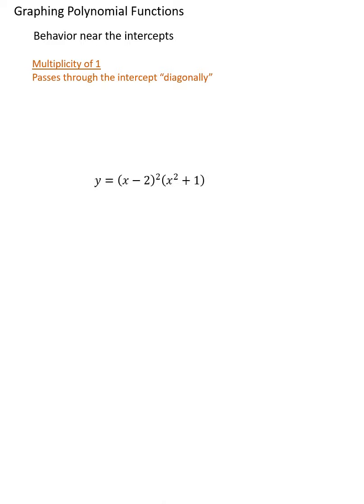This is example 2 from earlier. Let's take a look at the factor x minus 2, which has a squared above it, or as we say, a multiplicity of 2 for that particular root.